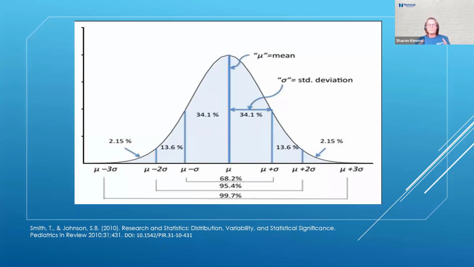That is, it's a declaration that the effect size for our sample is less likely the further away from the mean or the center. And we can use this conceptualization of the central limit theorem and normal distribution.